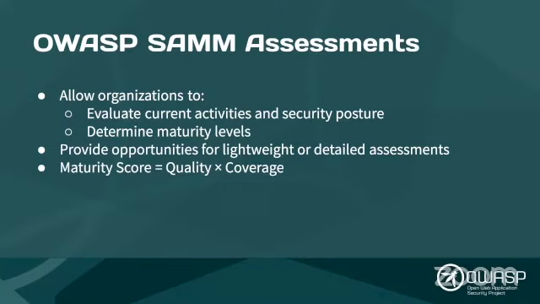So if the scope of your organization assessment is a number of applications, some of those applications may be doing some of the activities at a certain maturity level while others may not. So the question answers reflect those coverage options, and we'll show some of those in a moment.